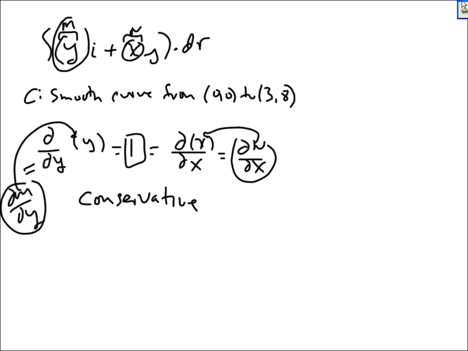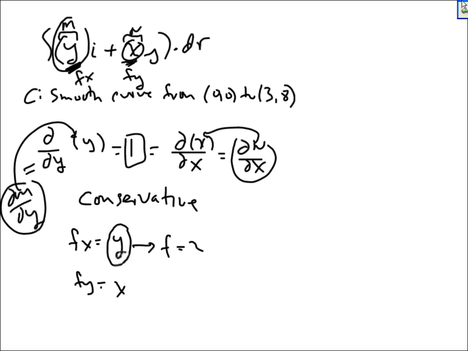Okay? So this here is fx, and this here is fy. So fx equals y, and fy is equal to x. We're taking the partial with respect to x, and we get y, a constant. That means we must have started off with xy.